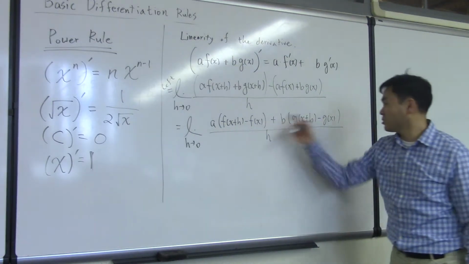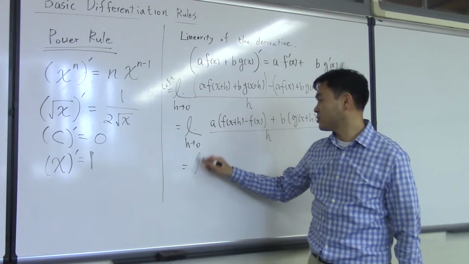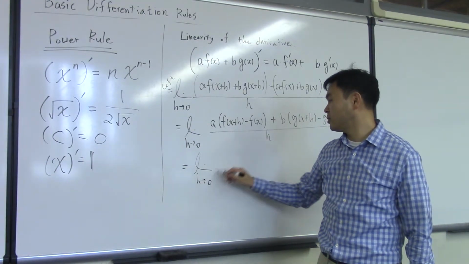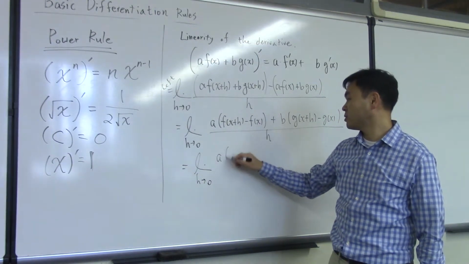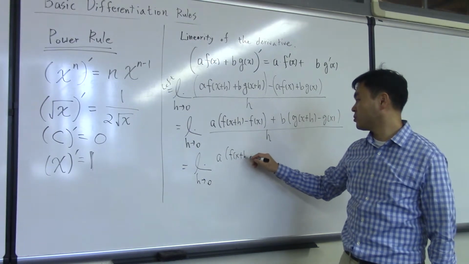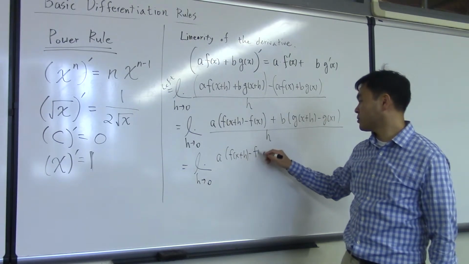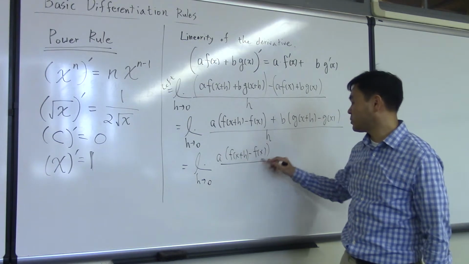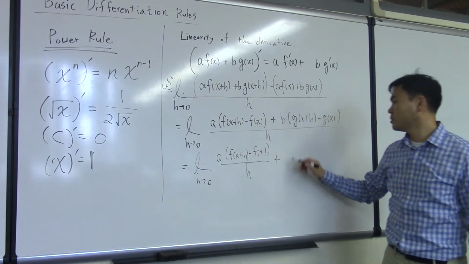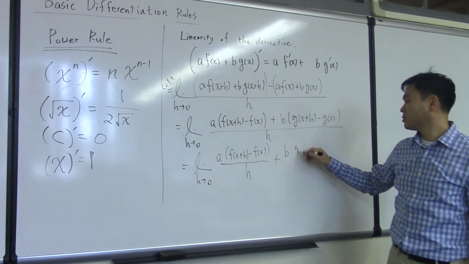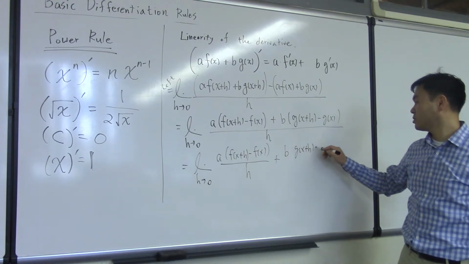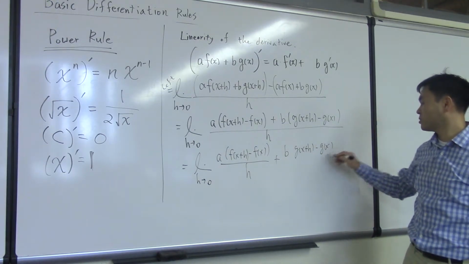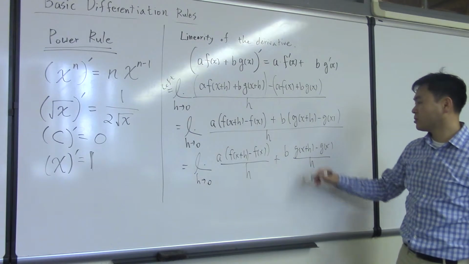Now individually they look pretty familiar, right? This is the limit as h goes to 0 of A times (f(x+h) minus f(x)) divided by h, plus B times (g(x+h) minus g(x)) divided by h.